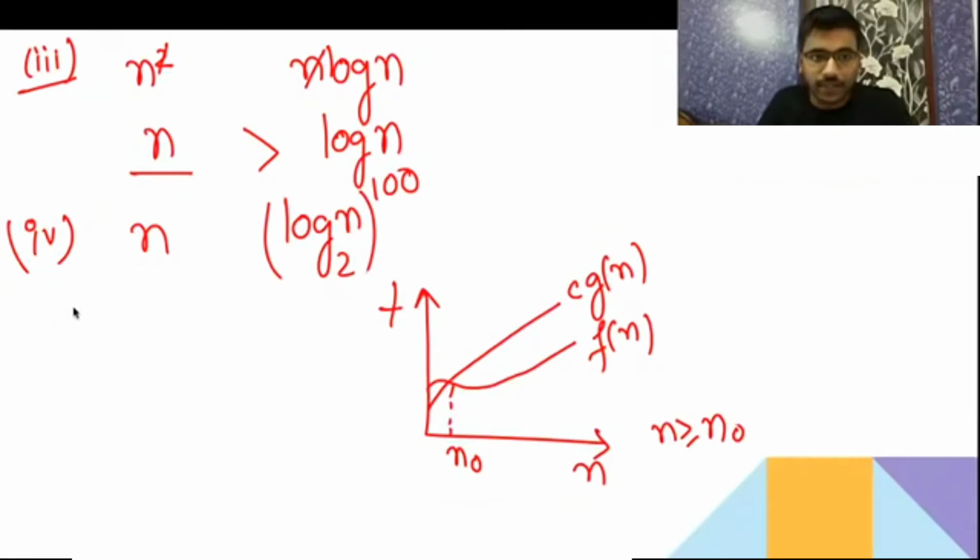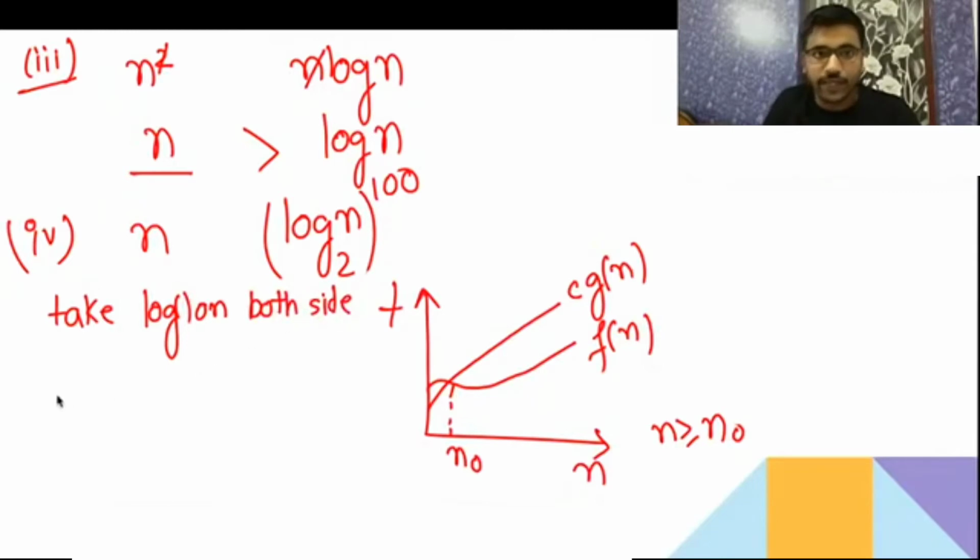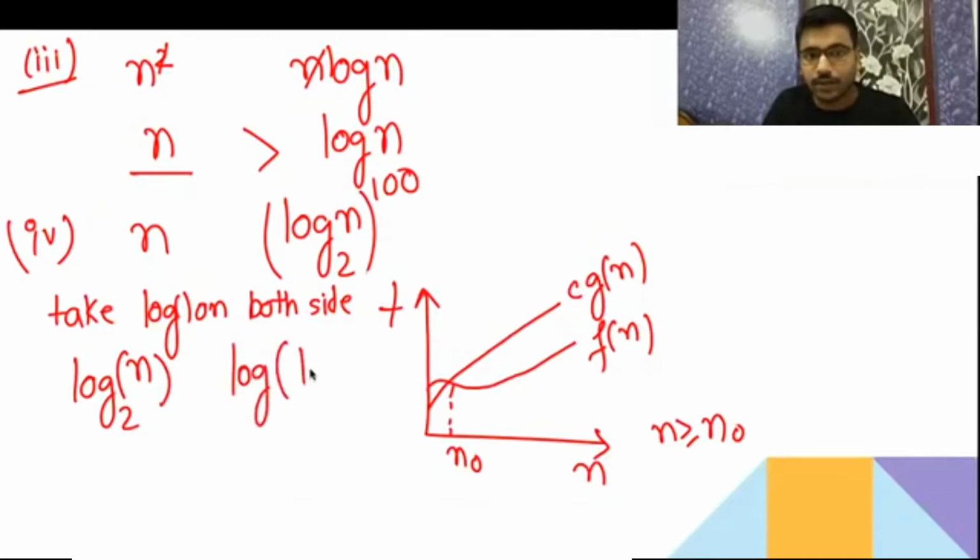Let me first take the log of that. Take log on both sides. So here it will be log n base 2, and here it will be log of n base 2 to the power 100.